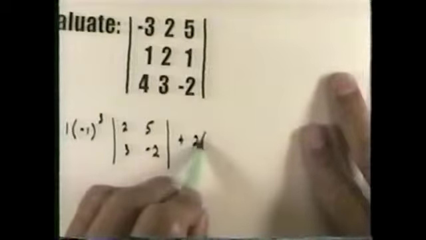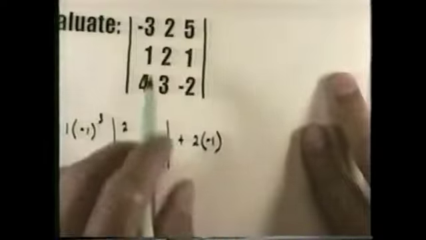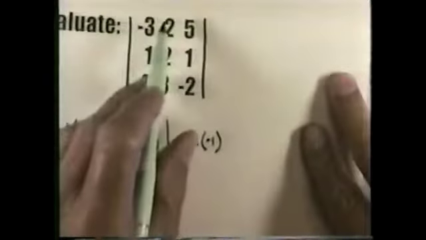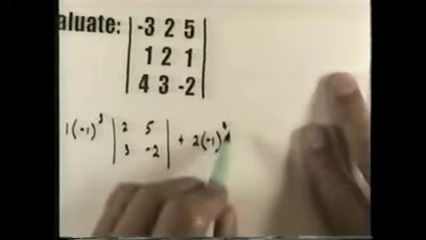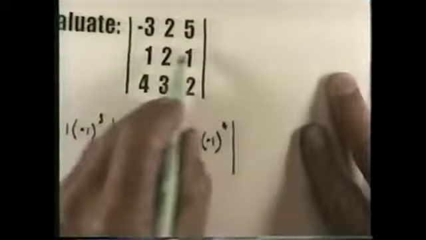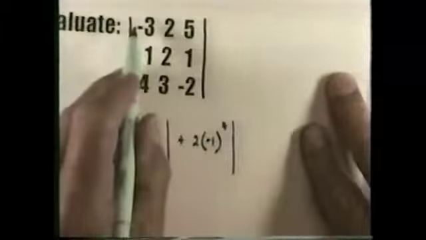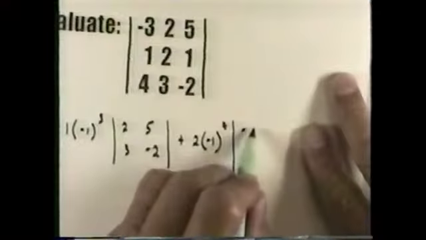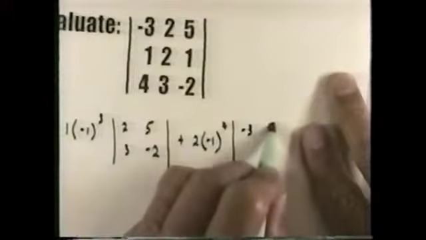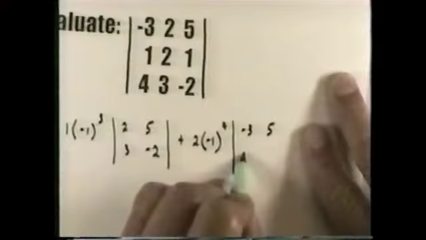Plus 2 times negative 1 to the row 2, column 2, that would be 4. If I take out row 2, column 2, I'm left with negative 3, 5, 4, negative 2.